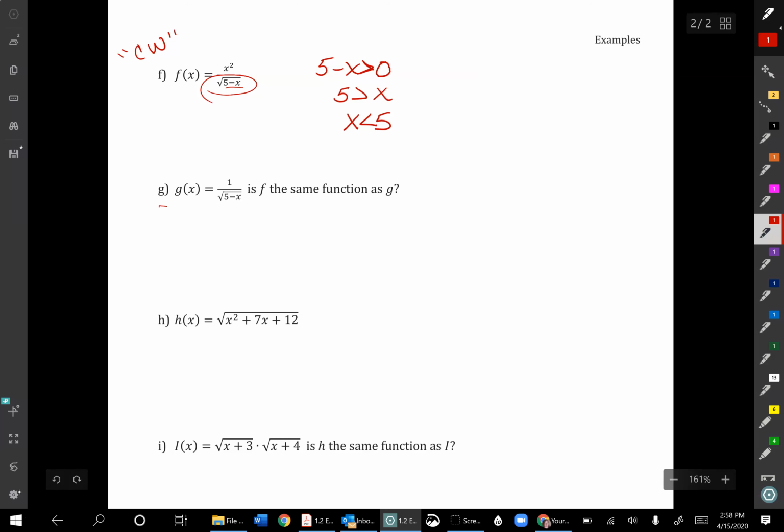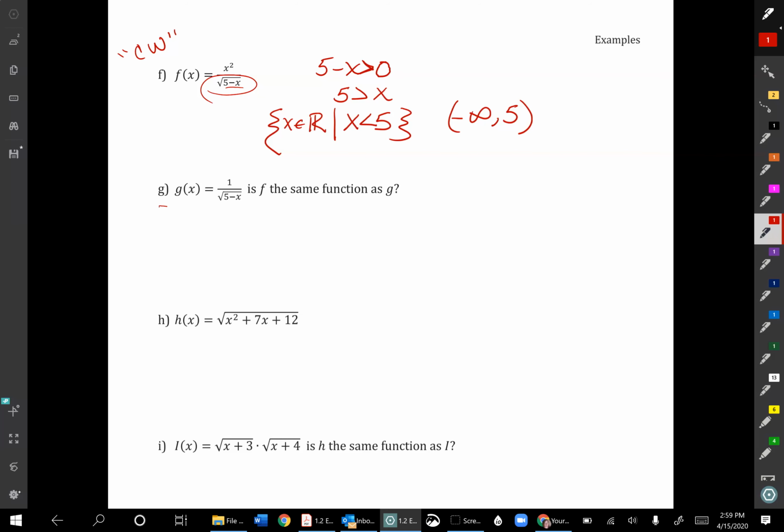So that is our domain. It's x is an element of real numbers such that x is less than 5. Again, you could write that in interval notation, negative infinity up to 5, but don't include 5 because we don't want to have a 0 in the denominator. So that one's a little bit different case.